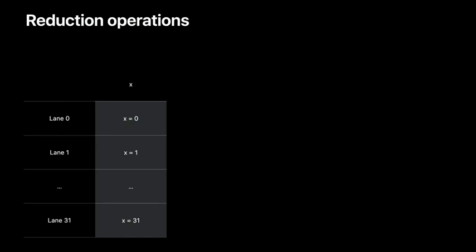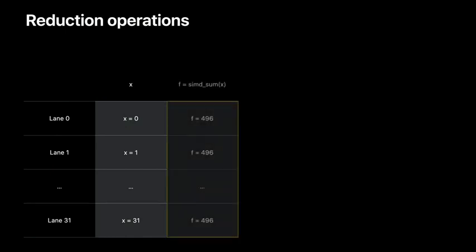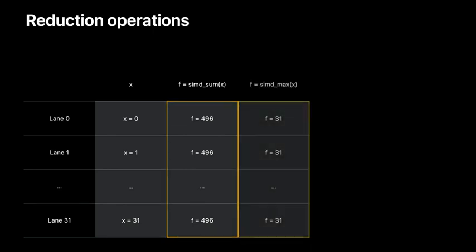Let us take a look at the other reduction operations we have introduced in A14. We've already seen SIMD_SUM, which adds up the values of x across all the active lanes. Now let's look at SIMD_MAX and apply it to the variable x. Every lane then gets the maximum value, which is 31, across all the threads in the SIMD group.